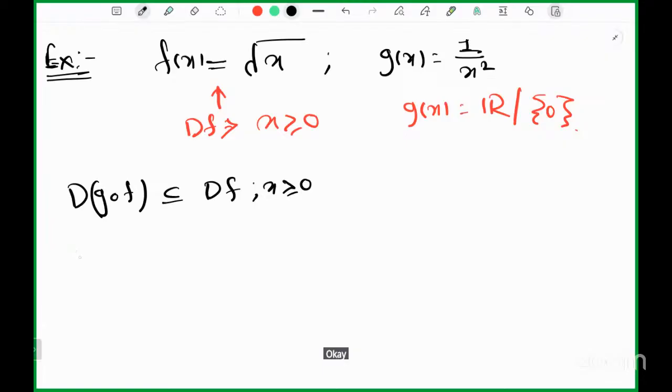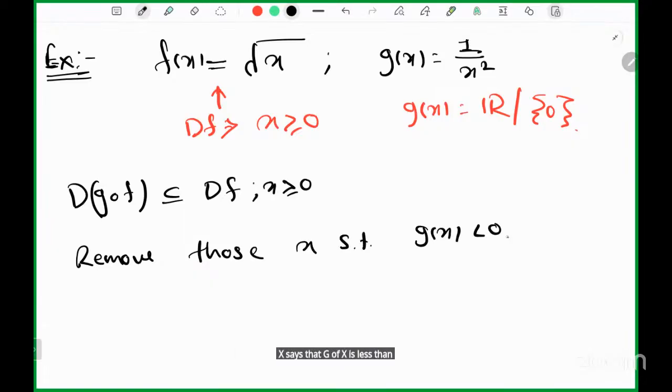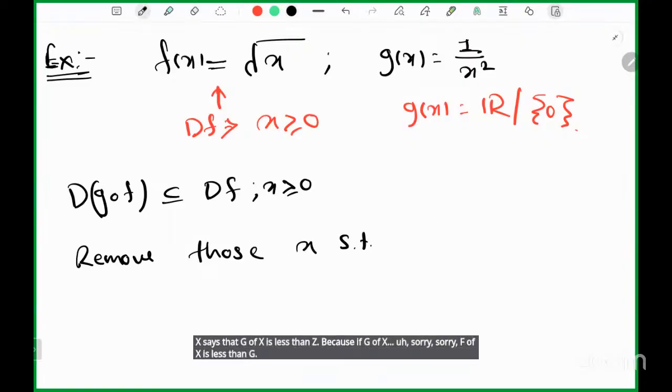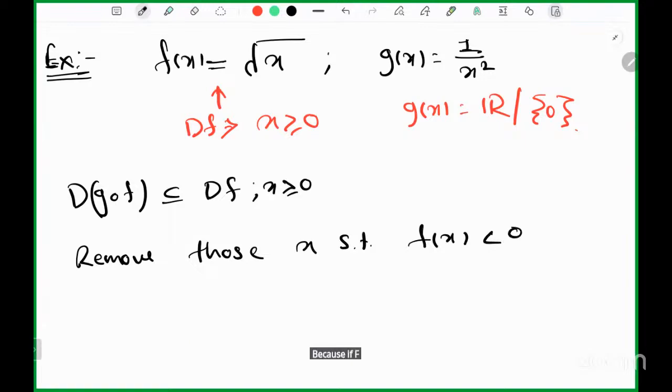So now you have to remove those x such that f of x is less than 0. Yeah, I'm so confused now.